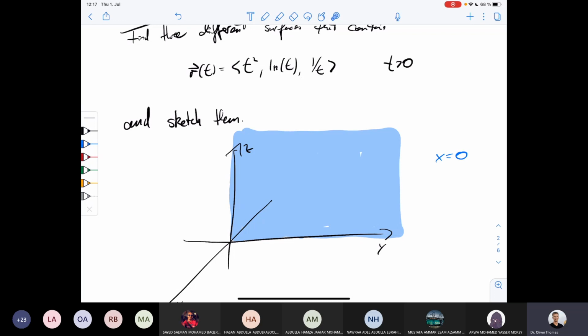Okay, any ideas for a surface or two or maybe three that would contain this curve?